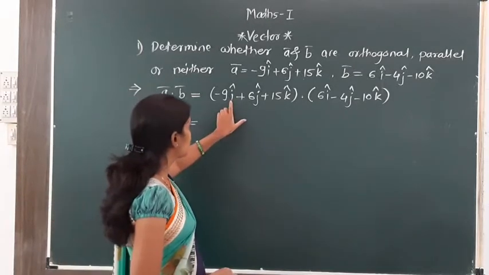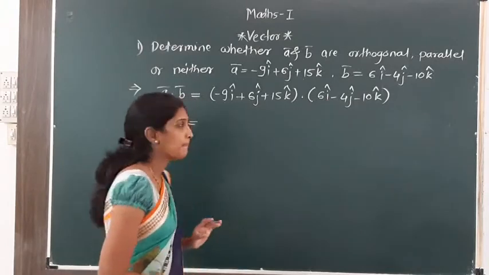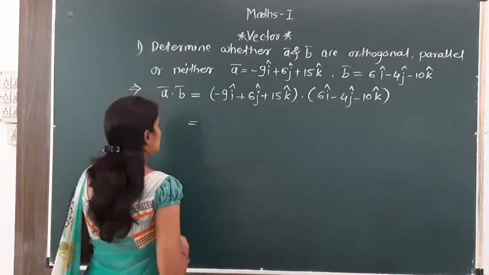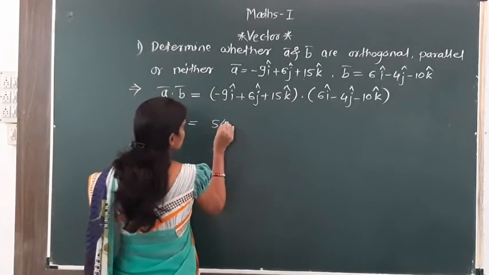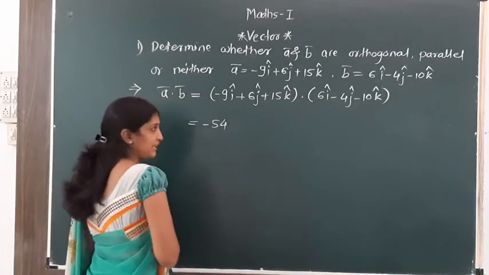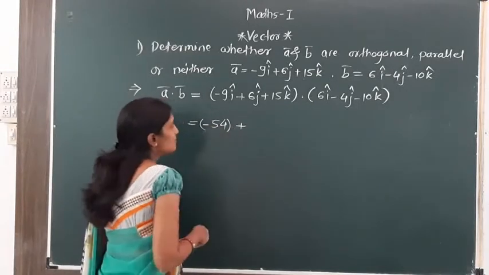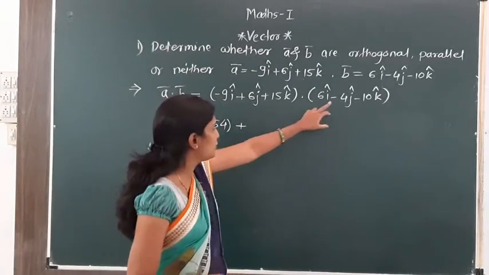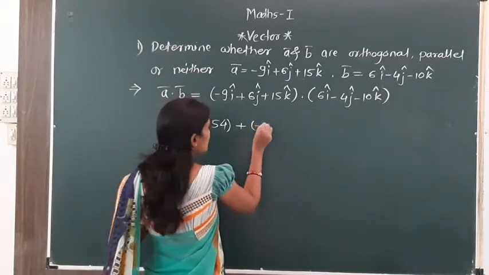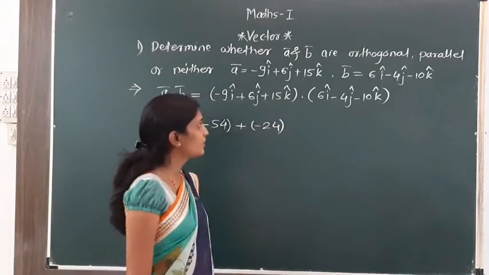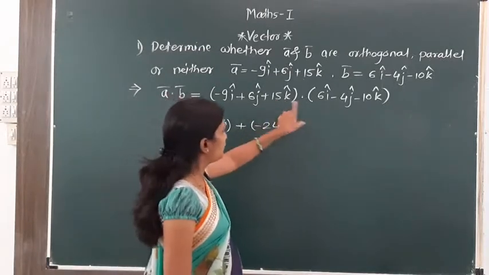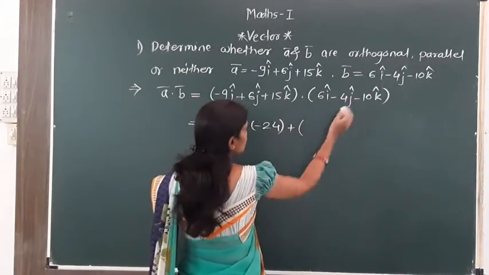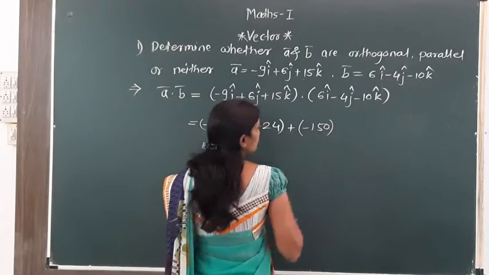Multiplication of i cap and i cap: minus 9 into 6 is minus 54. Then plus multiplication of j cap and j cap: 6 into minus 4 is minus 24. And 15 into minus 10 is minus 150.